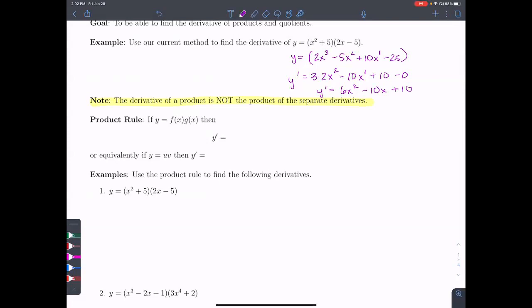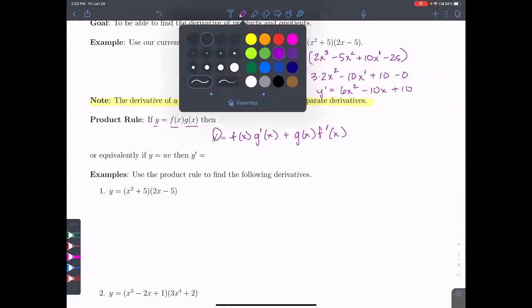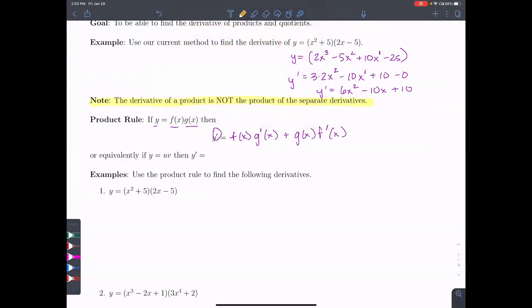Here is the product rule. If you have a function that is the product of two functions, then the derivative is the first function times the derivative of the second plus the second function times the derivative of the first. In my brain, and this is what I was taught, y prime is high d ho plus ho d high.